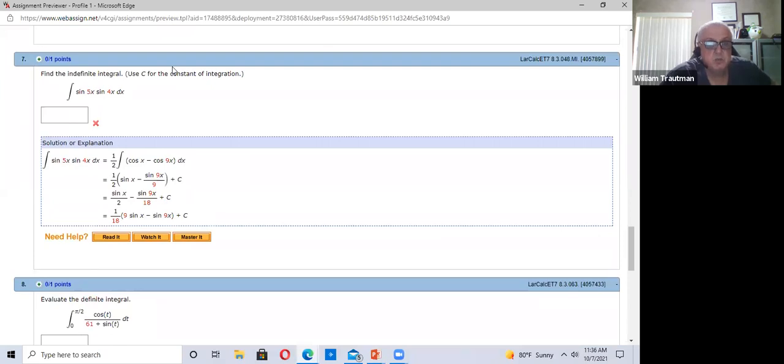This is one of those where you have sine and sine multiplying, so you're going to first subtract the 2. 5 minus 4 is 1. Adding the 2. And then integrating cosine. And then that's what you get.